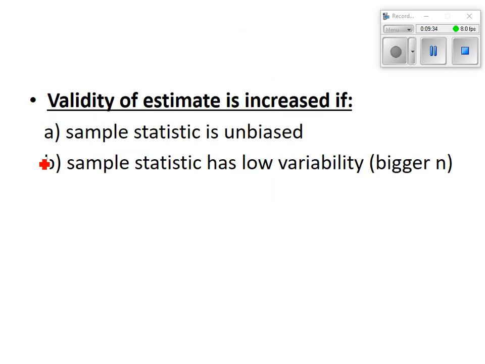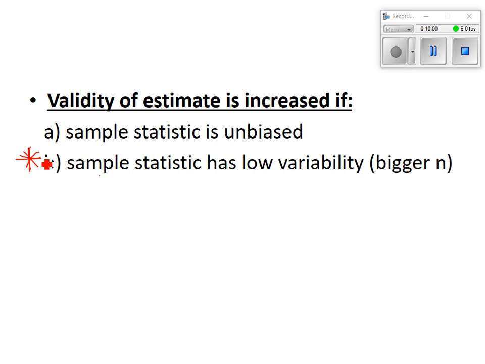What makes it valid? The sample statistic has to be unbiased, and all that tells us for our mean is that we're not putting stuff into it to make it either overestimated or underestimated. This part here is pretty important.